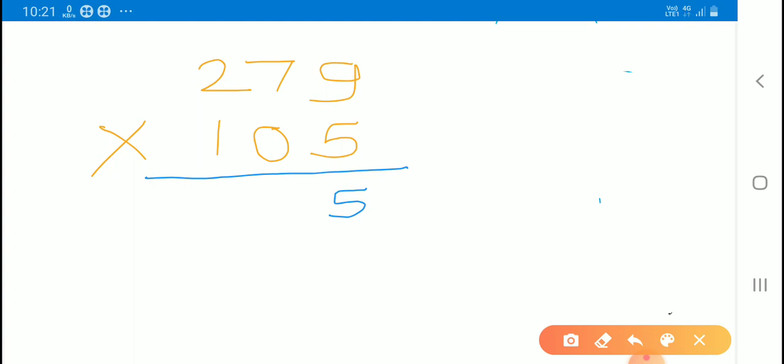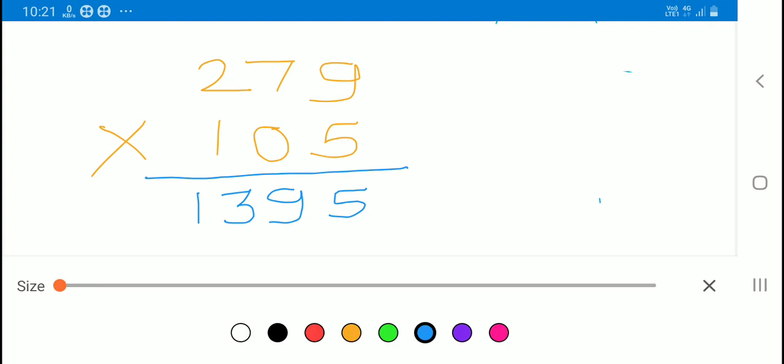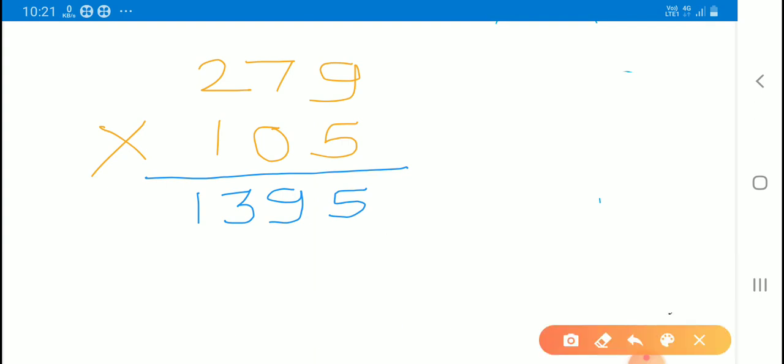So 35 plus 4, 39. Okay, 3 carried. 5 twos are 10. 10 plus 3, 13.